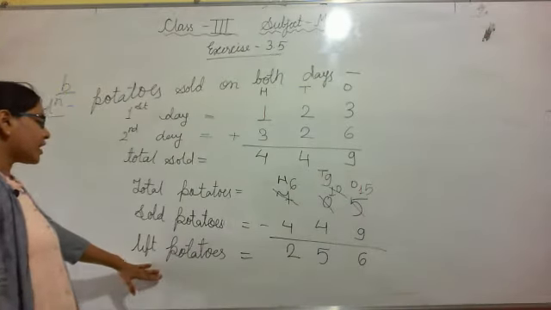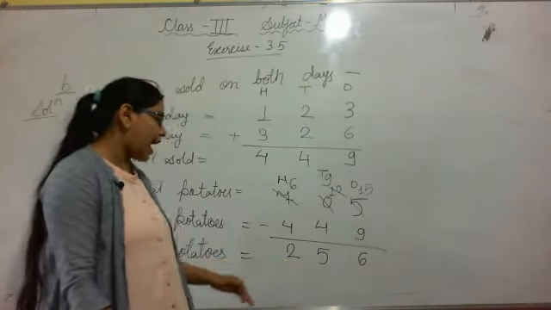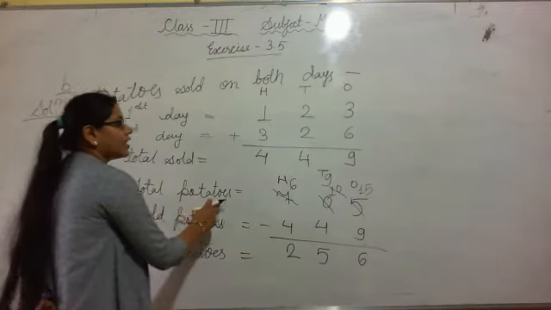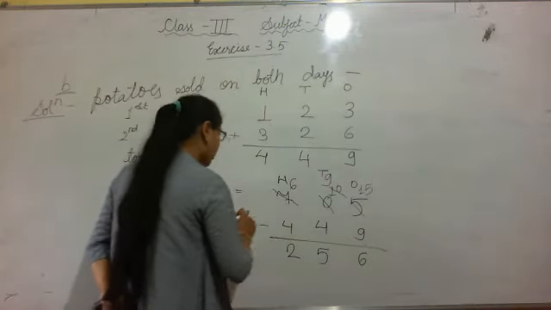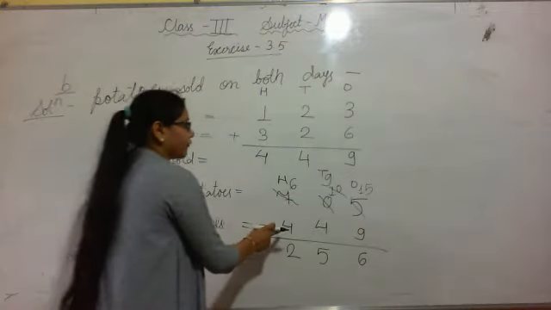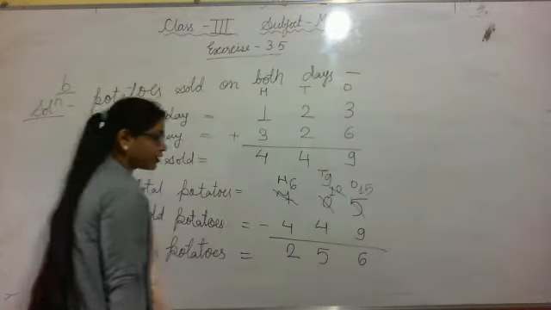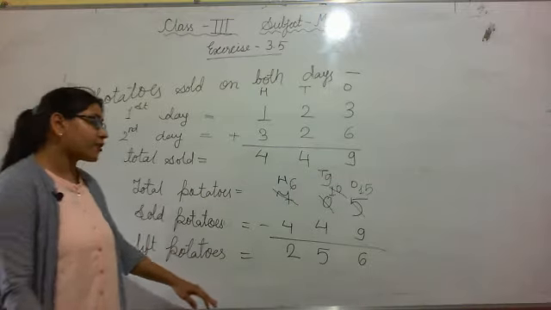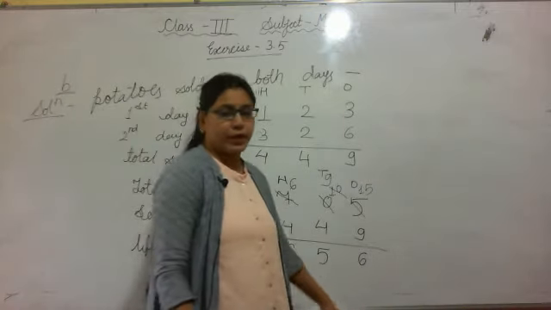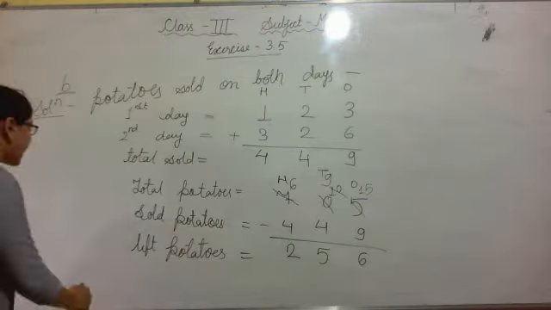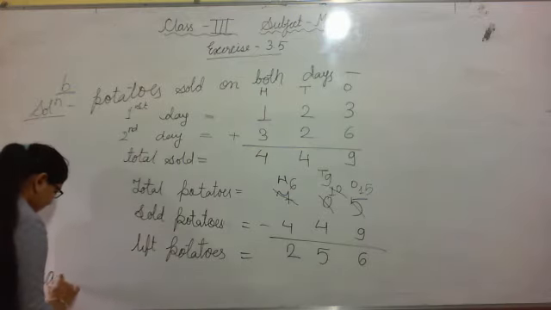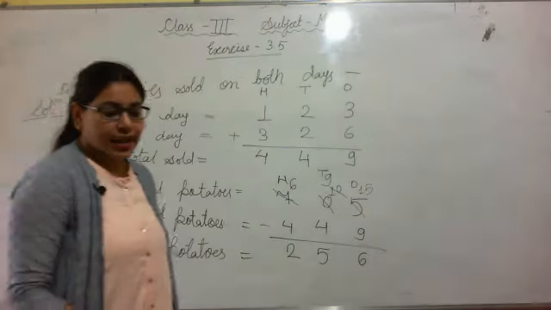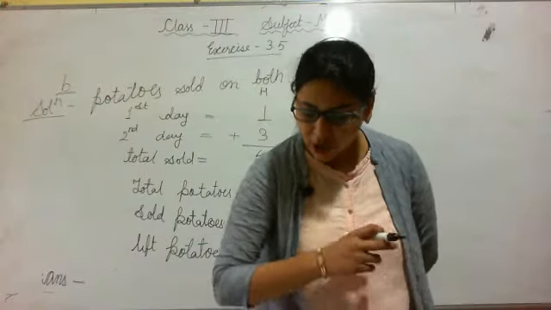See, we got the number of total potatoes left. Total 705 potatoes were there. Out of them 449 potatoes are sold. So how many potatoes are left? 256 potatoes are left. So let's write the answer. Question is asking us to find how many potatoes were left.